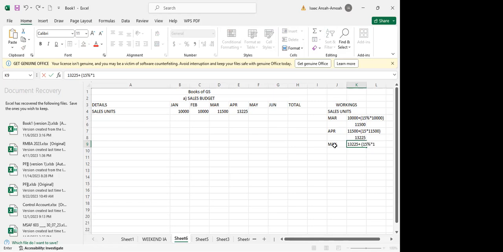Please, I'm not getting the 13,225. How did you get that? They said that the increment is month on month, right? Yes. So if you have computed for March, for April it will be 11,500 plus 15% of 11,500.